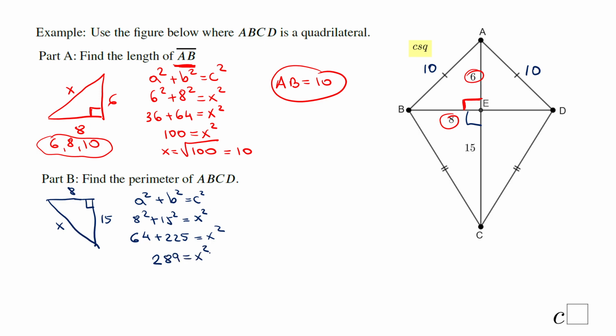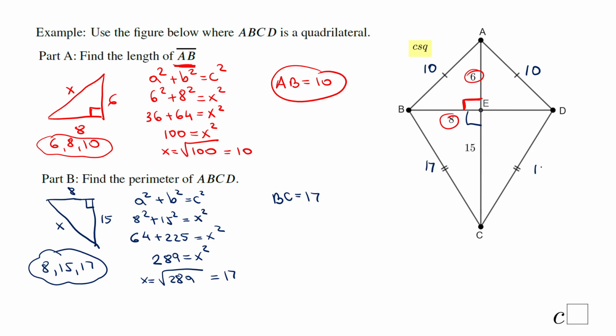And for finding x, we're gonna take the square root of 289, and that will be 17. Again, this is a Pythagorean triple. In case you remember, that will be useful. 8, 15, 17. In our case, that will be how much BC is. BC is 17.